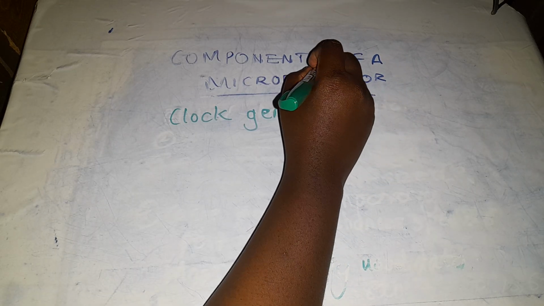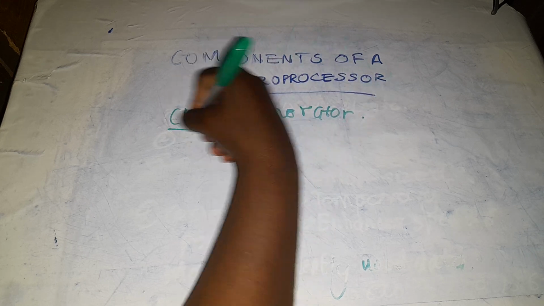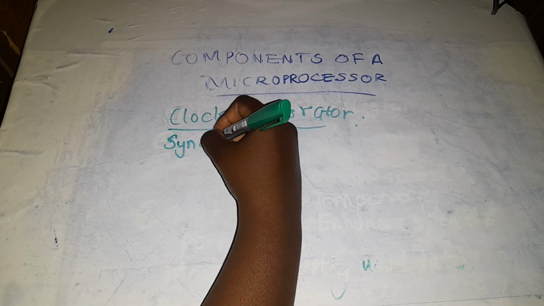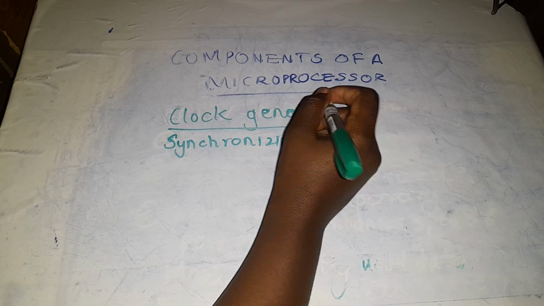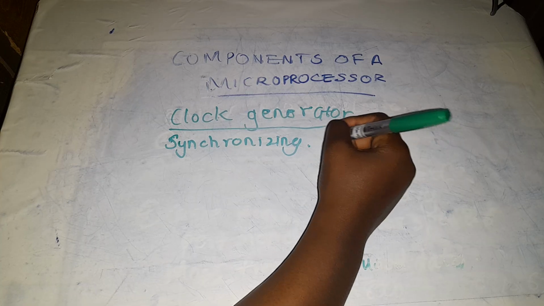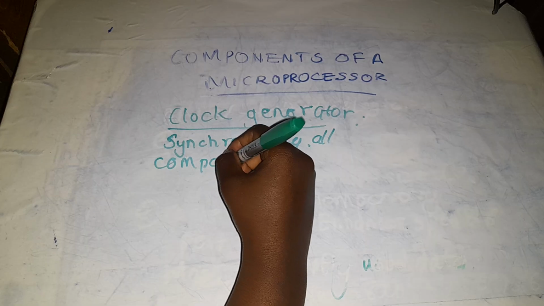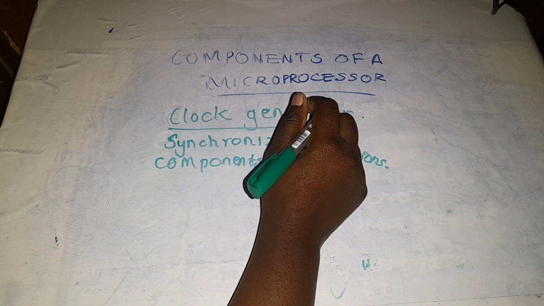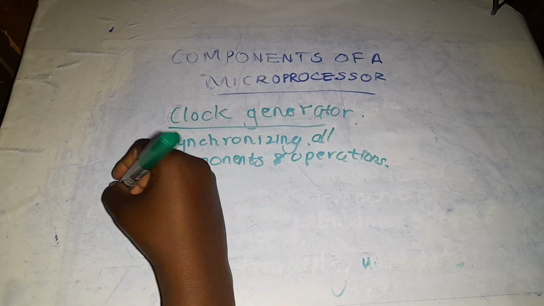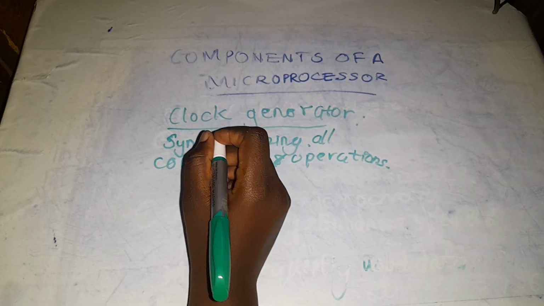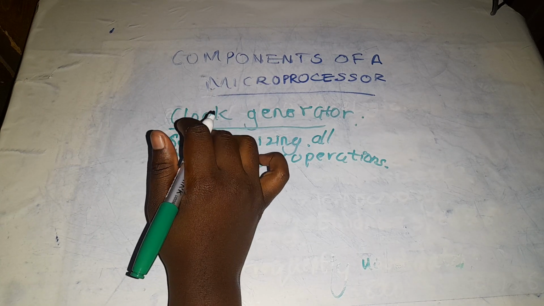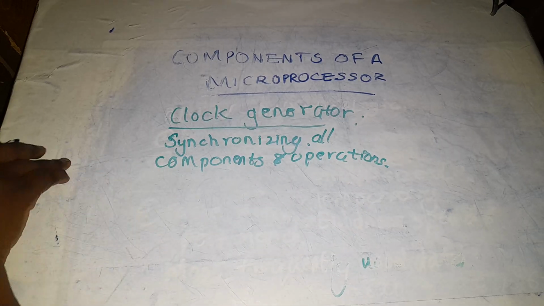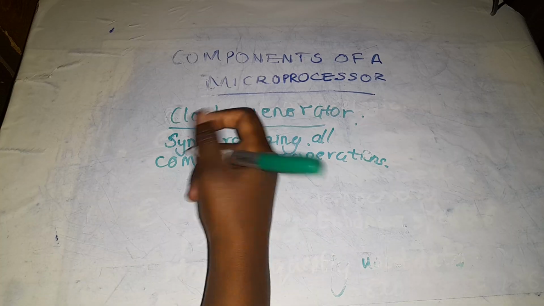The clock generator's work is to synchronize all components and operations of a computing device. It is an electronic circuit that generates clock signals to define the operational speed of the microprocessor.